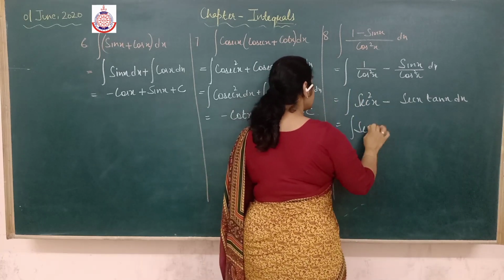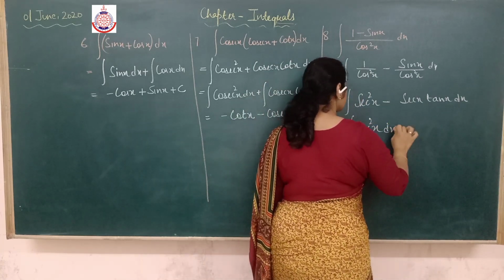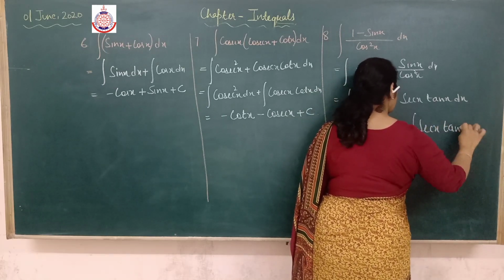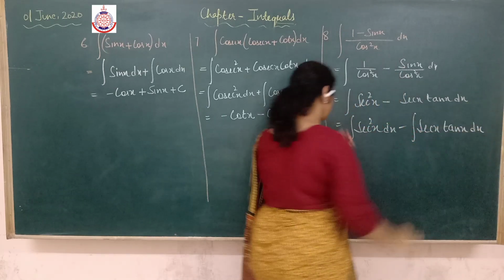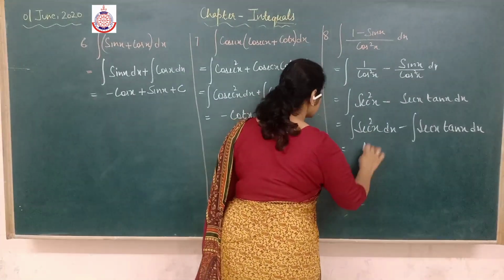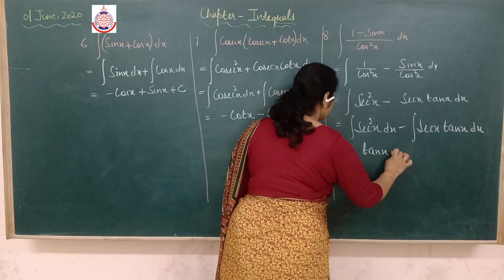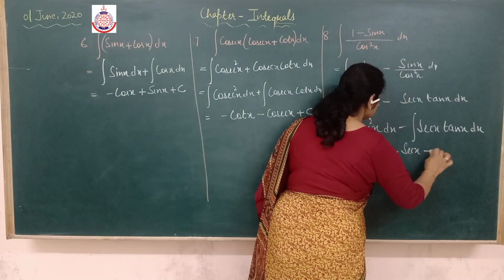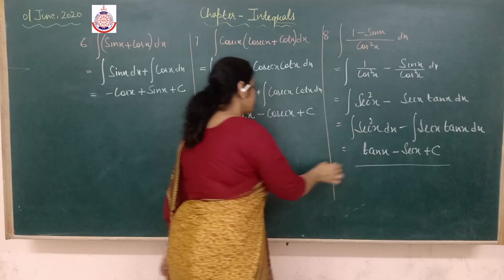I can segregate the integrals. And do we know the integration? Yes, we do. We know the integration of secant square, that is tan x, and we know the integration of secant into tan is secant x plus c.